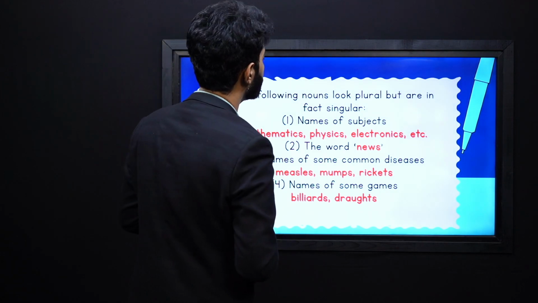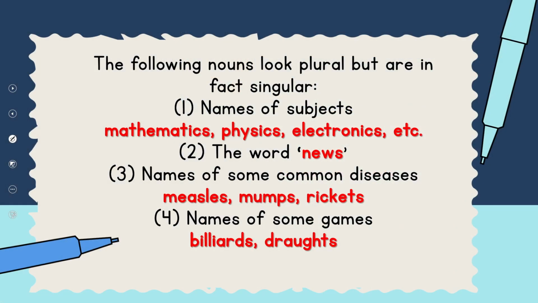Let's see. The following nouns look plural but are in fact singular. Mathematics, physics, these are the names of the subject. Or the word news already has S with it, and names of some common diseases like measles, mumps, rickets, or names of some games like billiards, draughts.